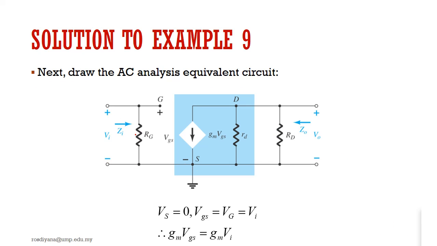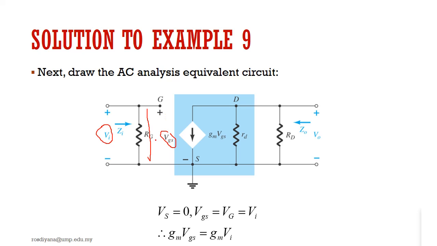Next, draw the AC analysis equivalent circuit for the fixed bias, and we have to derive the equations one by one. The first one, take a look at the input side. We have Vin here, and this voltage is parallel with the value at RG. So we can say this is the VG, and here is VGS.